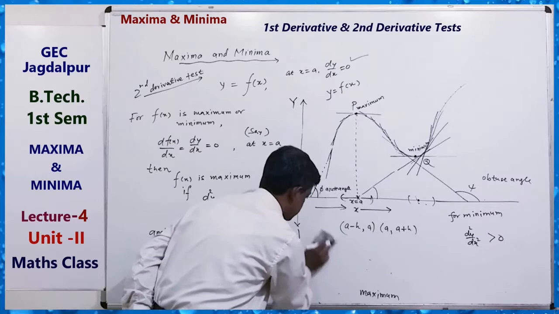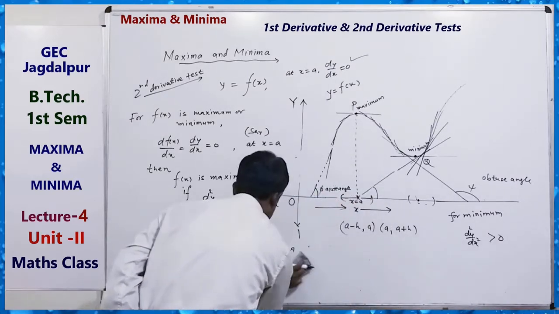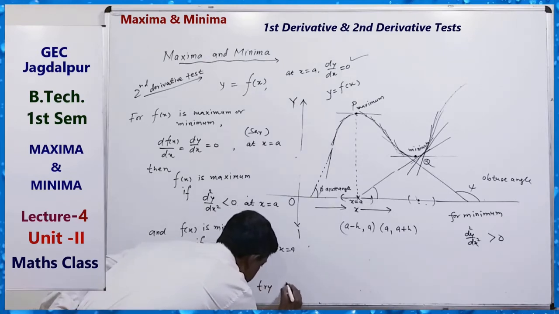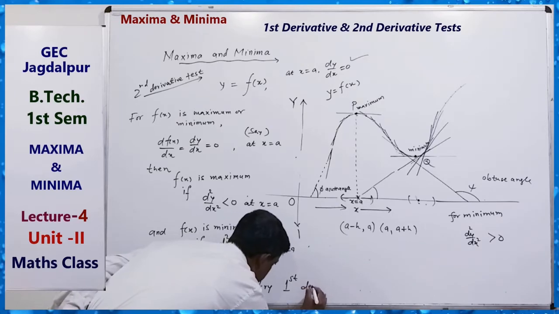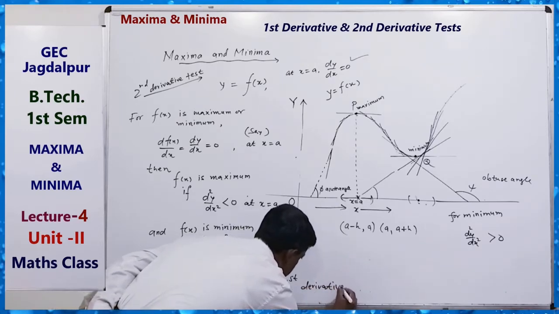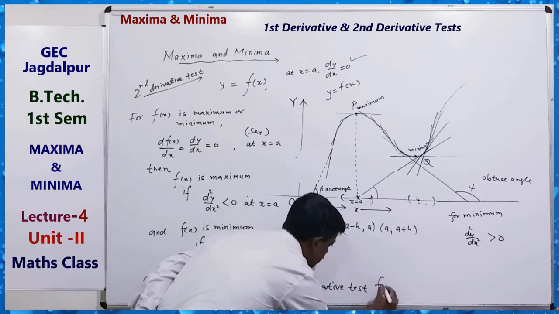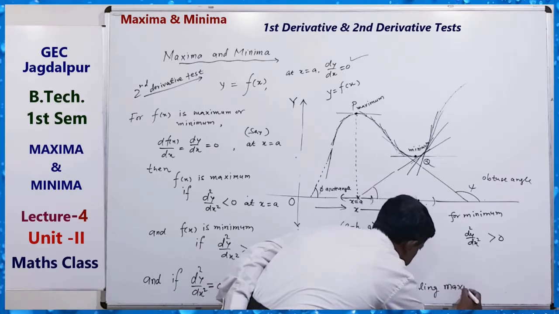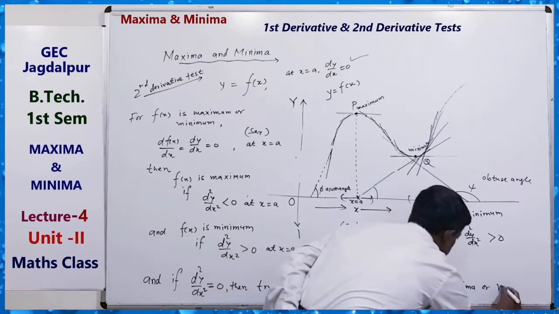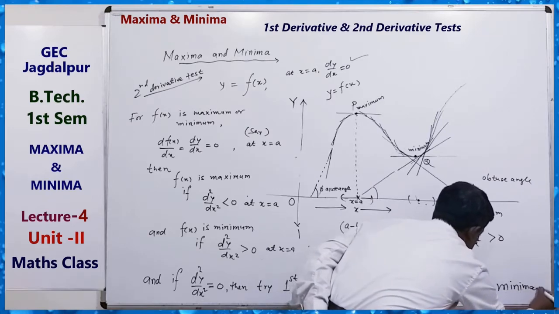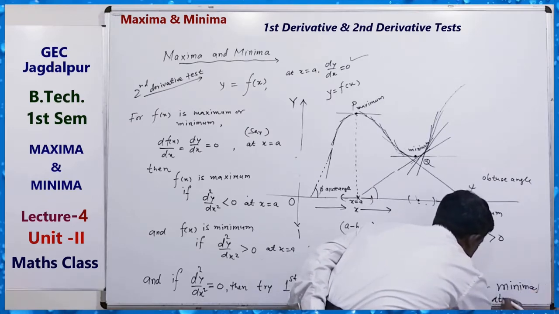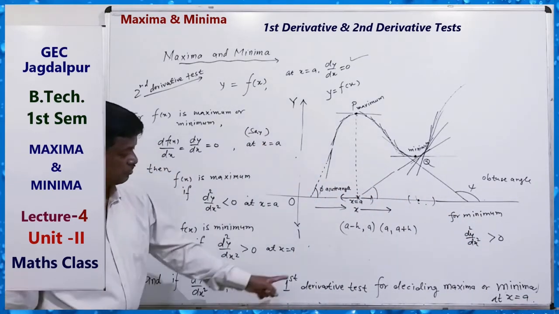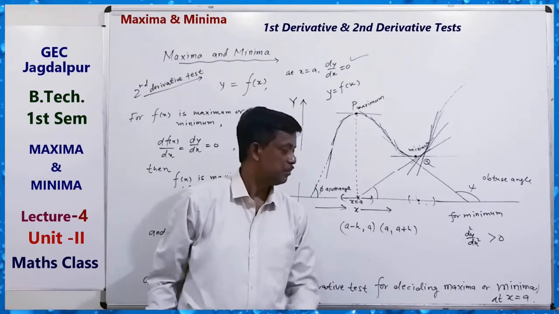Okay. Then try the first derivative test for deciding maxima or minima at x equals a. If the second derivative is 0, then try the first derivative test for deciding maxima or minima.